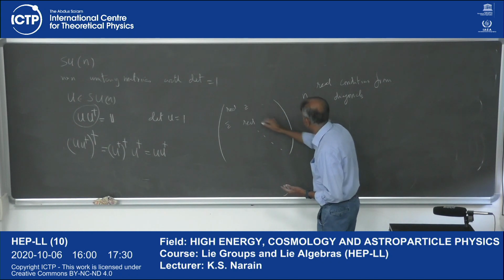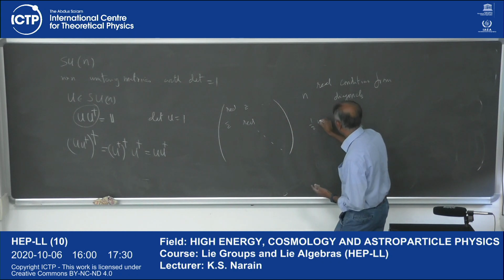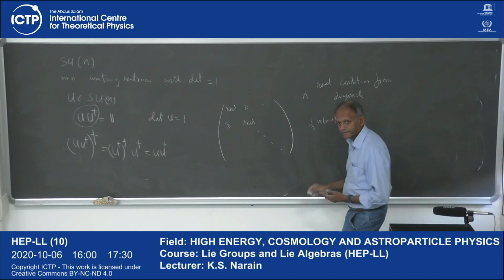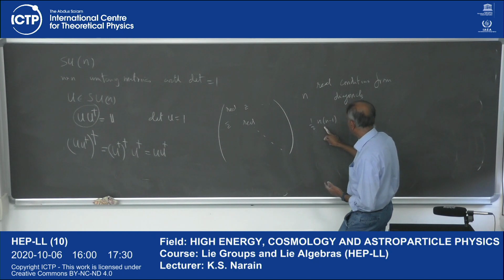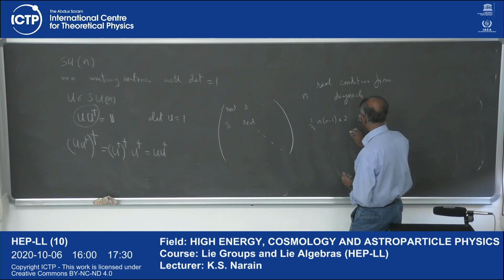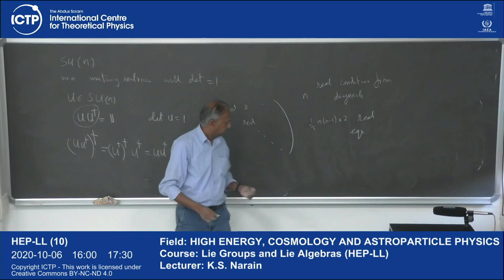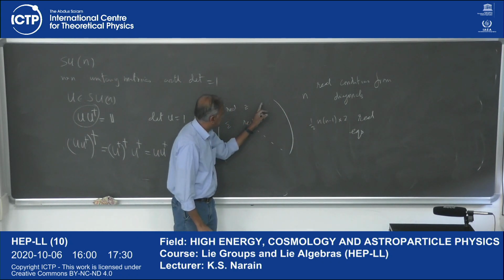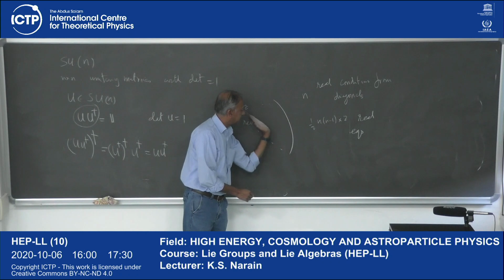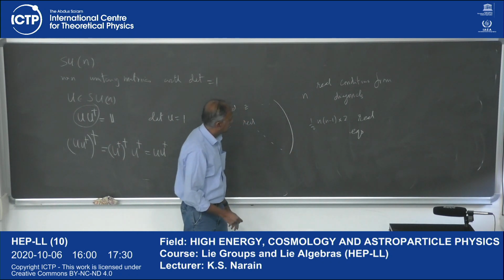But how many off-diagonal terms are there? If you just look at the upper triangular part, there are half n times n minus 1 of them.